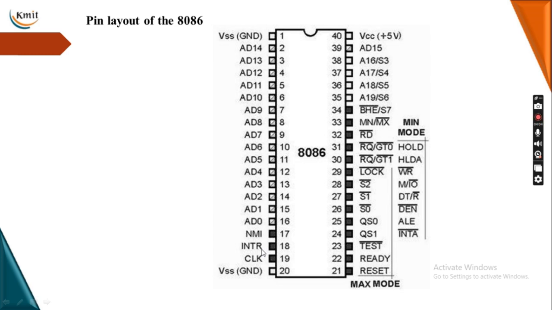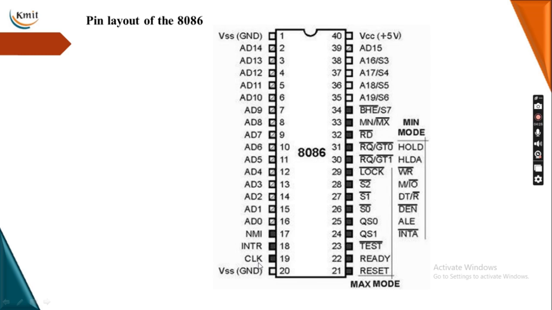Next is the clock pin, where the clock pulse is given. What is the purpose of the clock? As we all know, it is the most important thing in the digital world in order to do its task.